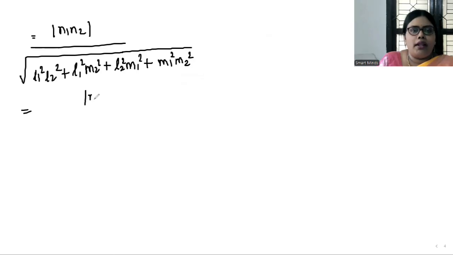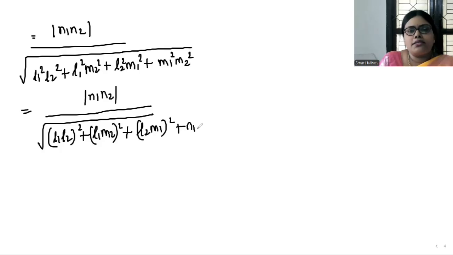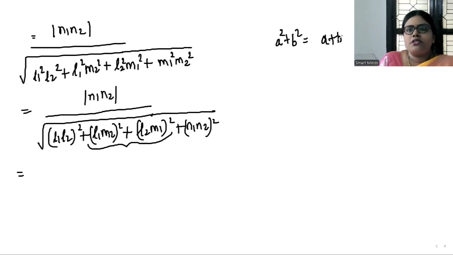That is mod N1 N2 by square root of (L1 L2) whole square plus (L1 M2) whole square plus (L2 M1) whole square plus (N1 N2) whole square. Now again these two we cannot write in any form, so we are using the formula a square plus b square, that is (a plus b) whole square minus 2ab.